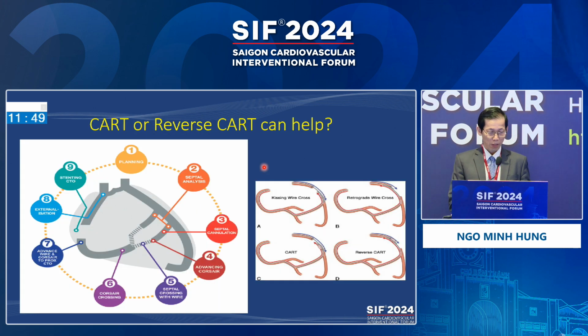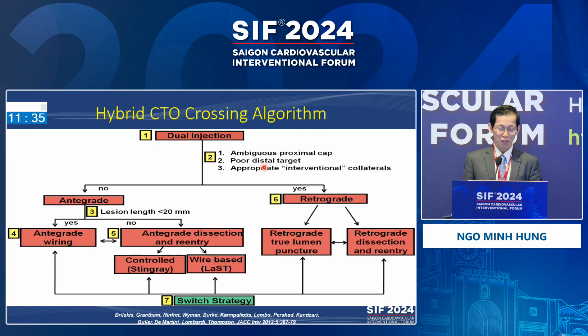According to the protocol for doing the CTO, the antegrade approach has no choice already, so we go from the retrograde. Based on the early protocol, we have to go retrograde and antegrade, but there is no landing zone for the guiding catheter, so we don't use that. We just use the retrograde.